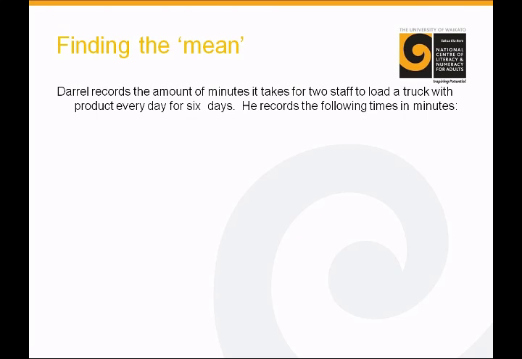He records the following times in minutes. Okay, so here we have our data. We have 1, 2, 3, 4, 5, 6 data points, and you can see that these 2 staff have loaded up the truck. One day it took 22 minutes, and another day it took 27 minutes, 17 on another. And so we want to work out what the mean is.